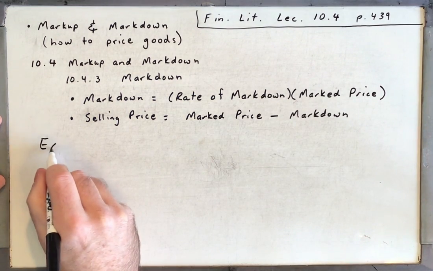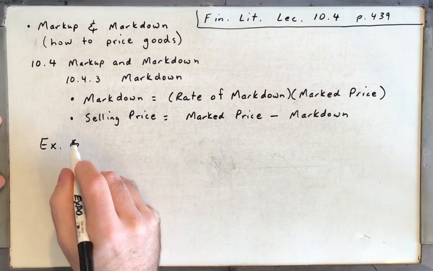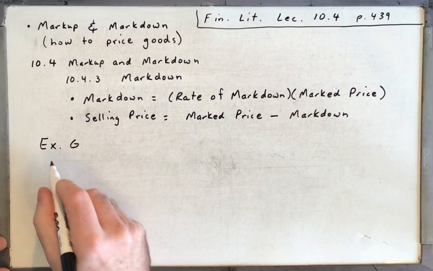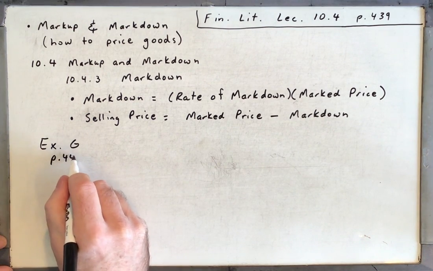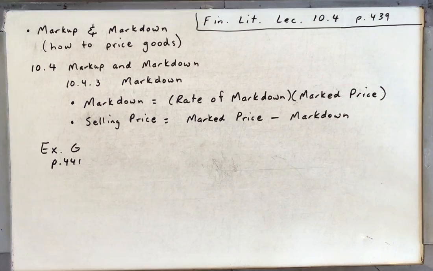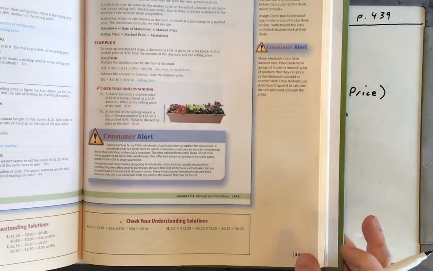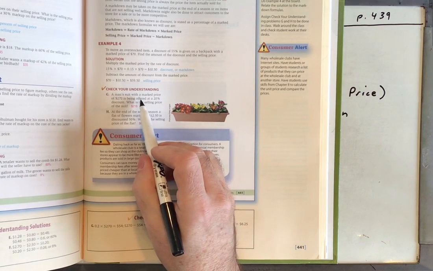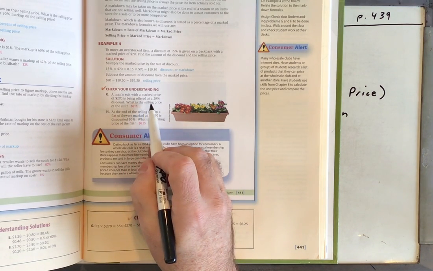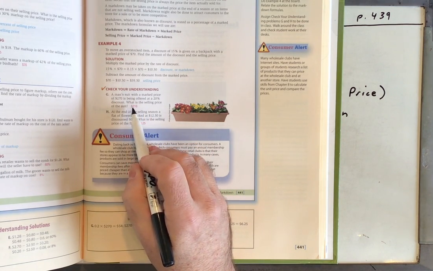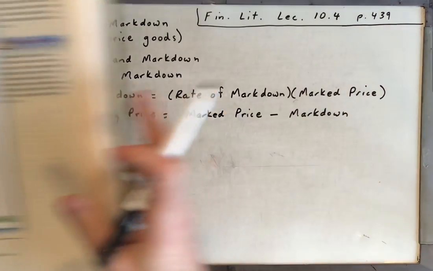All right, let's look at example G. And this is on page 441. All right, that says that a man's suit with a marked price of $270 is being offered at a 20% discount. What is the selling price of the suit?